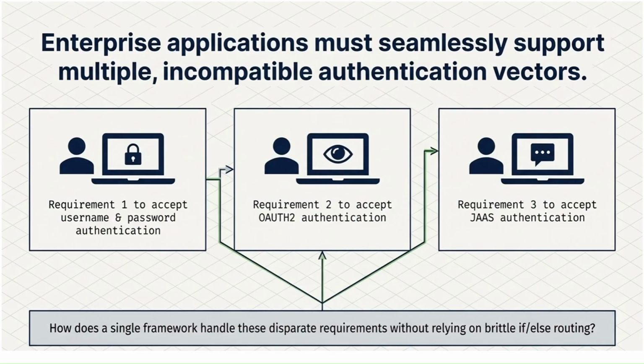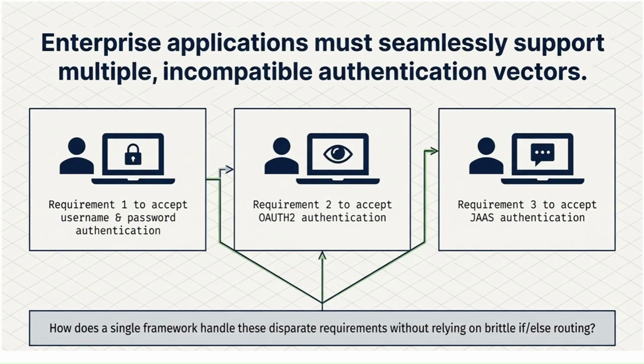Imagine an enterprise that needs to support three different ways to authenticate users. Requirement one is username and password, the traditional login for internal applications. They want to allow the end user to log in with their username and password for certain applications.